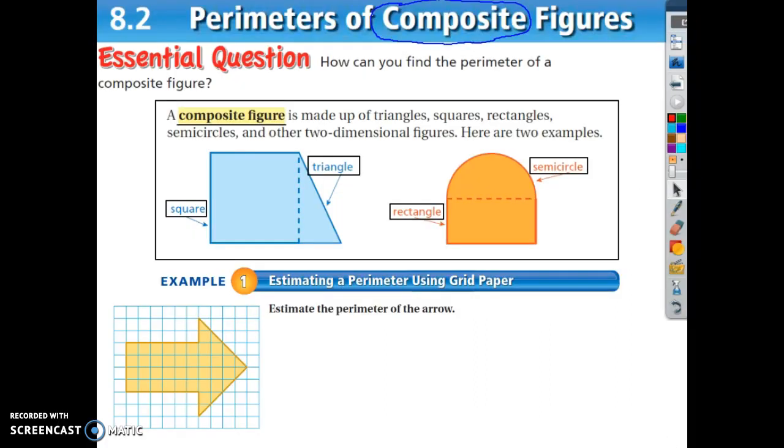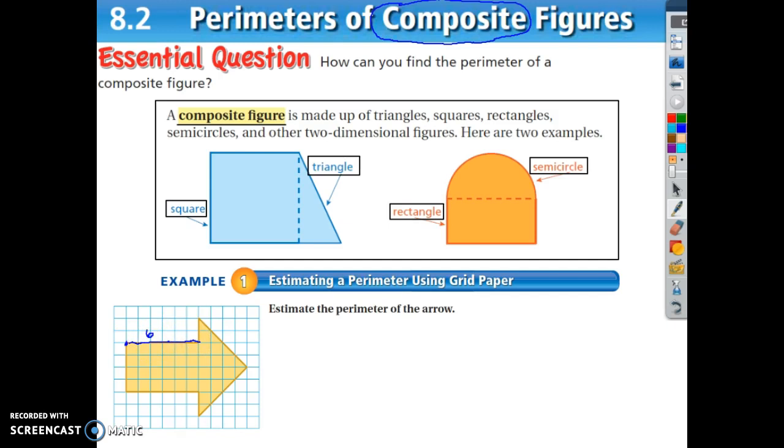So all we're going to be doing is counting how many segments it takes to cover the outside of our entire figure. So if I start here at this corner, I'm going to cover this first top side, and I see there's a length of 1, 2, 3, 4, 5, 6. A length of 6 to go across this top side of my arrow.